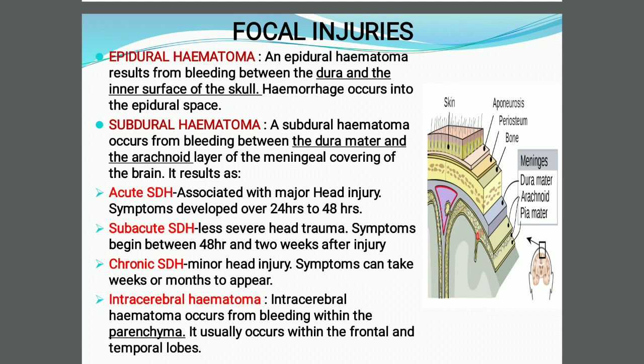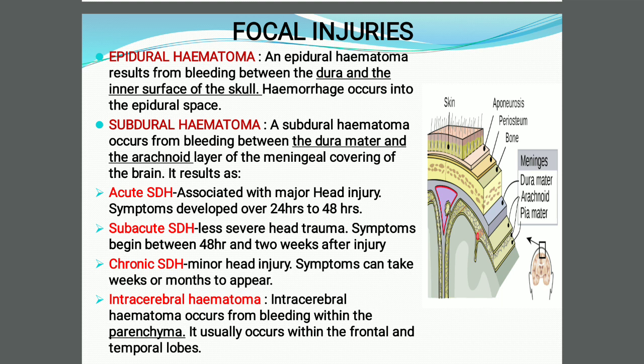So in subacute subdural hematoma, this is a less severe head injury or head trauma. The symptoms begin between 48 hours and 2 weeks after the injury. The signs and symptoms are always similar to acute subdural hematoma.